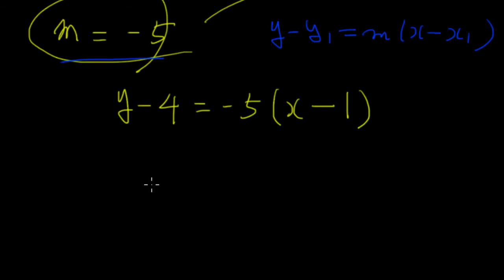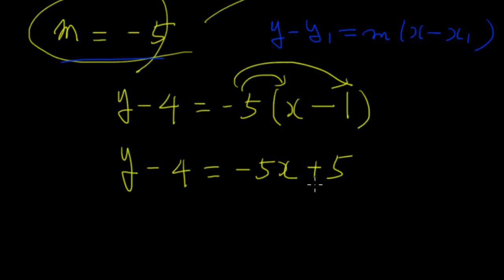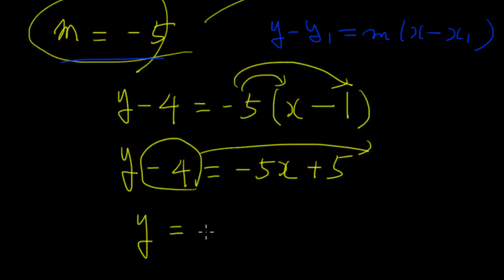All I need to do is simplify a little bit. y minus 4 equals negative 5x plus 5, because I'm distributing this negative 5 times x minus 1. Move this 4 to the other side, and it becomes plus 4.